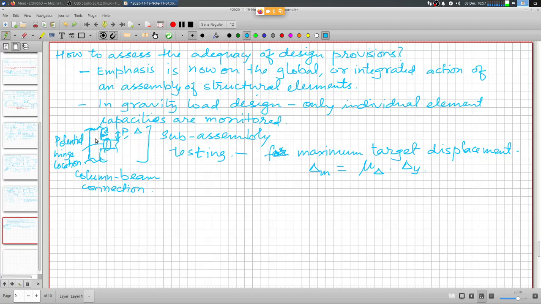So we wish the hinge to develop at a distance away from the column face, and to test it, the column, of course, we do not allow it to sustain any damage. So in the testing, what is done is we have a very strong system of reinforced concrete floor and wall.